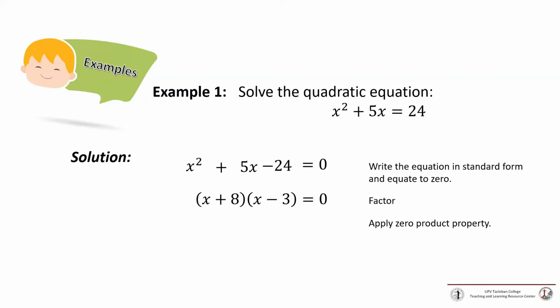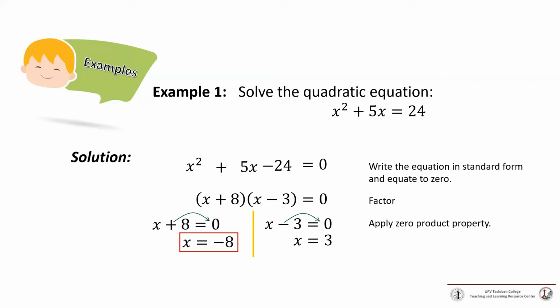By the zero product property, we can equate the factor x plus 8 to 0, and then you solve for x. So we have x is equal to negative 8. And for the other factor, x minus 3 is equal to 0, and then you solve for x.